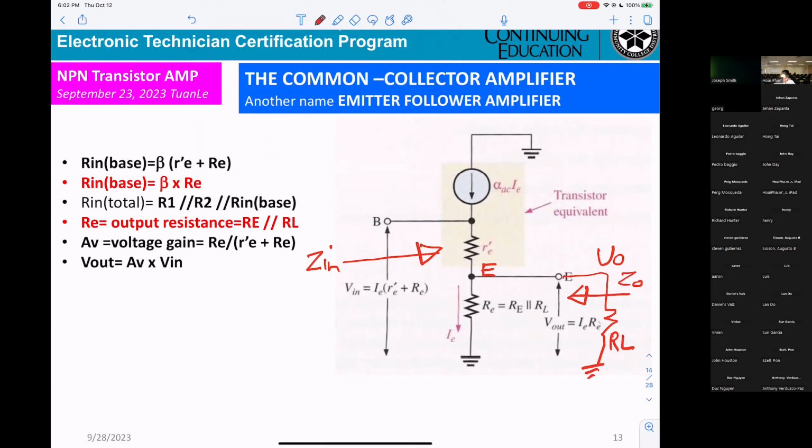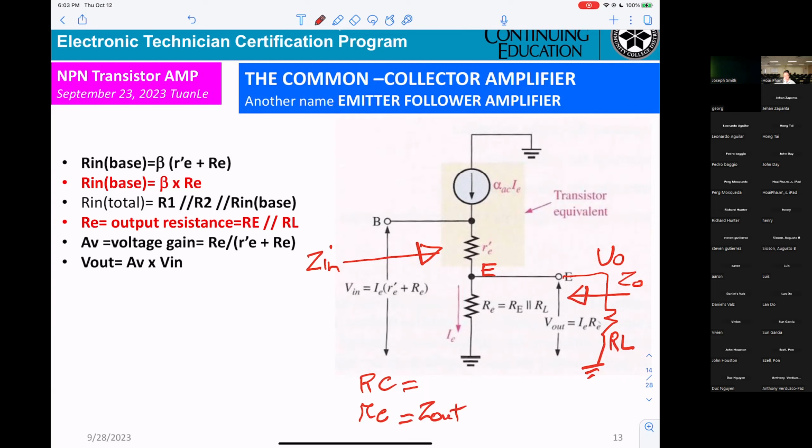Okay, some textbooks use this way, RC. Try to see the difference. If they're using RC, what does that mean? That means the emitter at the collector. If they're using a small RC, that's the same thing as R out.